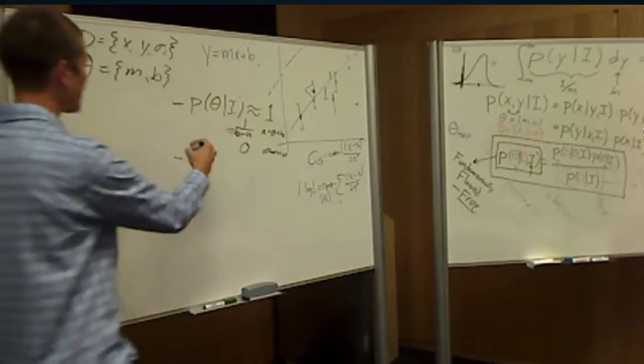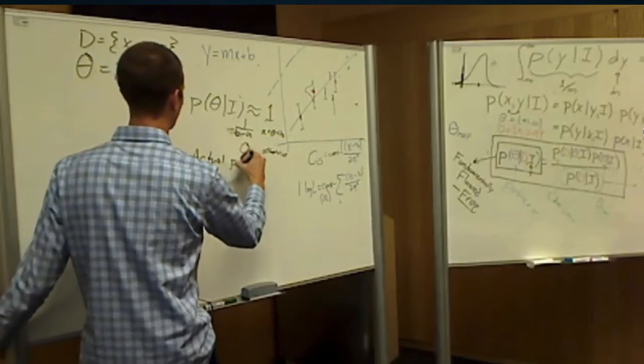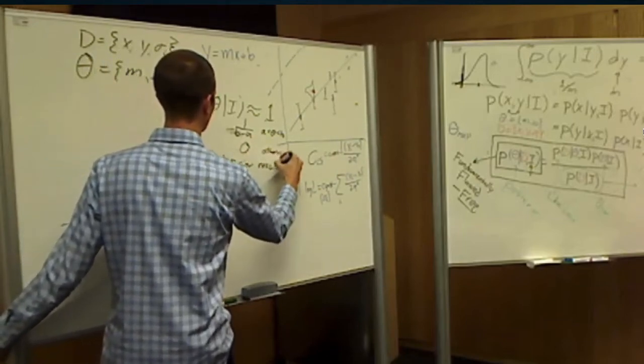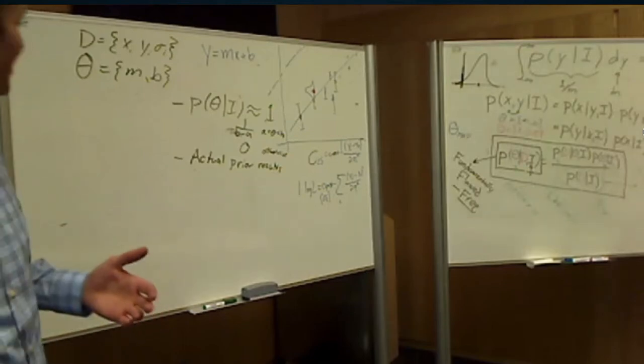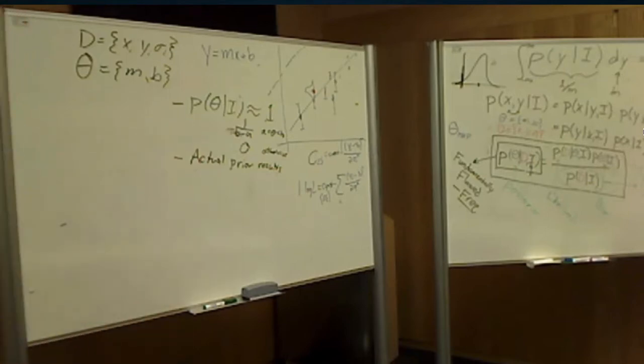So we could actually put in actual prior results. So that might work. Then you have to think about things like, do I actually trust the prior results? I'll use this if it was my paper, but not if it was my competitor's paper, right? Or something like that.